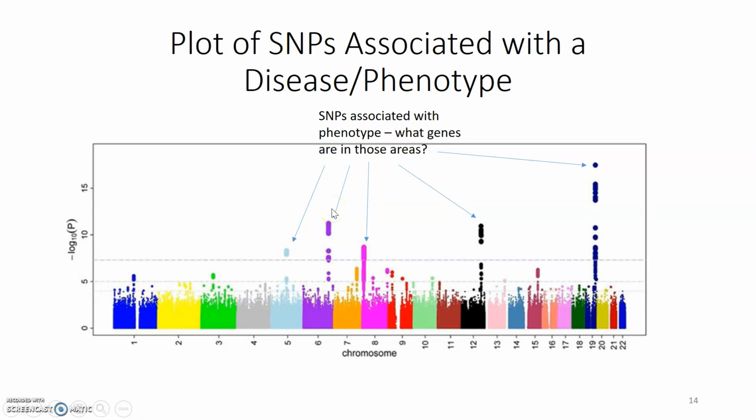And so these act as signposts to go look in that particular region of the genome more in depth to see if we can identify what genes are actually there and what might be having an impact on our phenotype of interest.